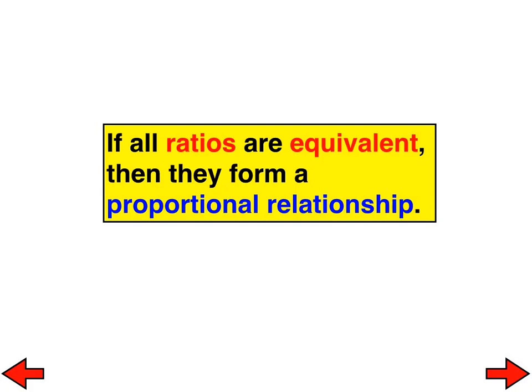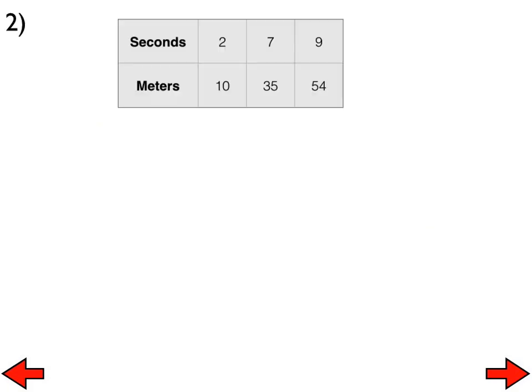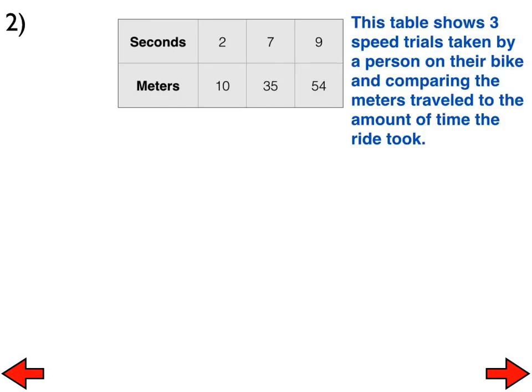So it says in your notes, this table shows 3 speed trials taken by a person on their bike, comparing the meters traveled to the amount of time that the ride took. I want you to check right now to see if that is a proportional relationship or not. I'll give you about 1 minute.